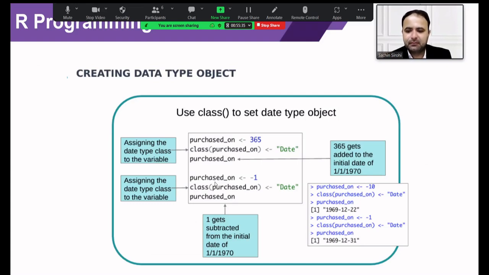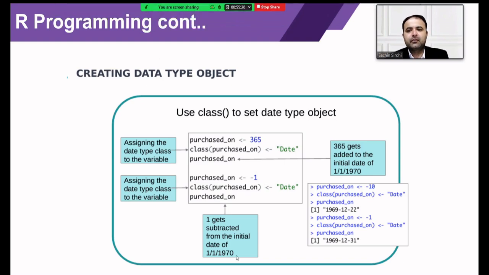It is creating a class. Use class to set the date type object. So we assign the date class to the variable purchase_date, and the class is Date whenever we pass the value 365. So you can check purchase_date.